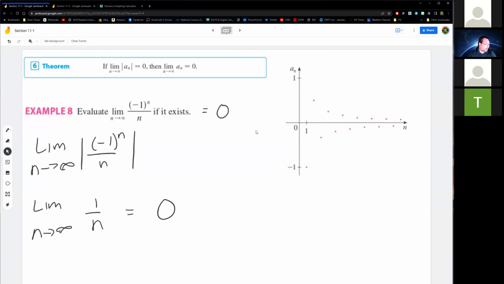So it converges at 0. Does that part make sense?